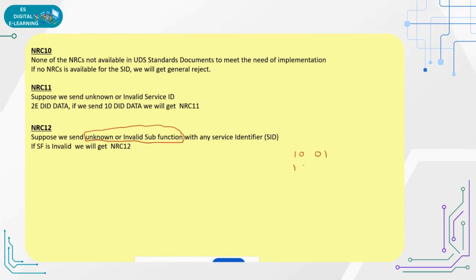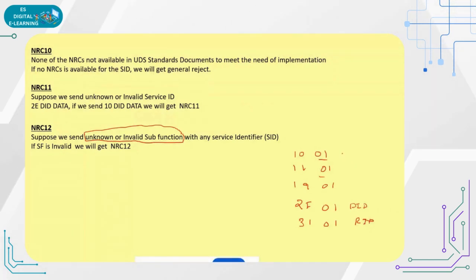For ECU reset, we have a subfunction. Next, for 19 service, we have a subfunction. Next, for 2F service, we have a subfunction DID, and for 31, we have a subfunction RID.